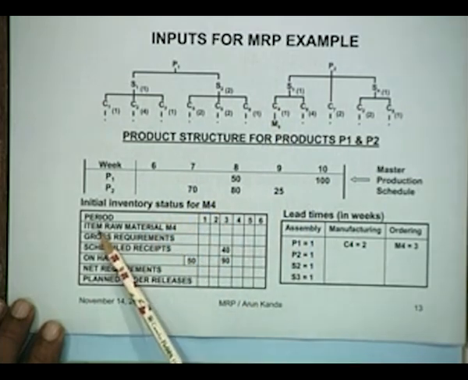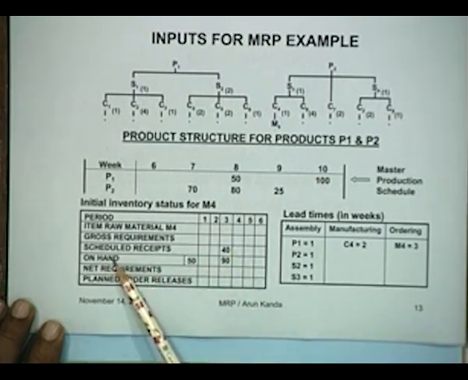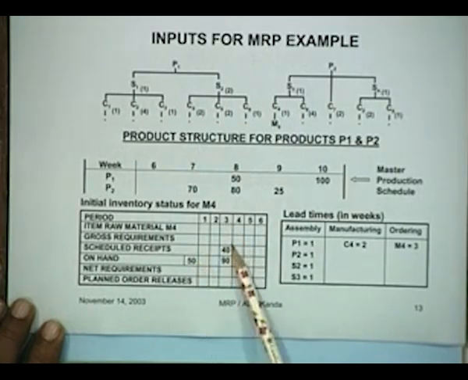This is saying that scheduled receipts are, we are expecting 40 units of this item at the end of the third week. On hand we have 50 items. So once we have 50 items and 40 are received in the third week, our stock level on hand will be 90 in the third week, because 50 plus 40.